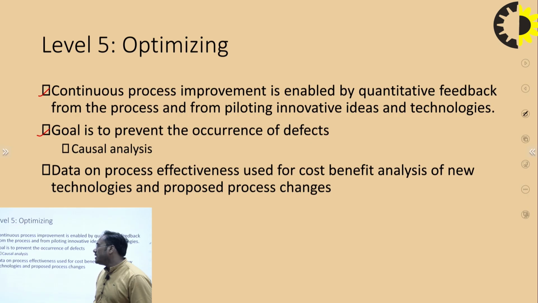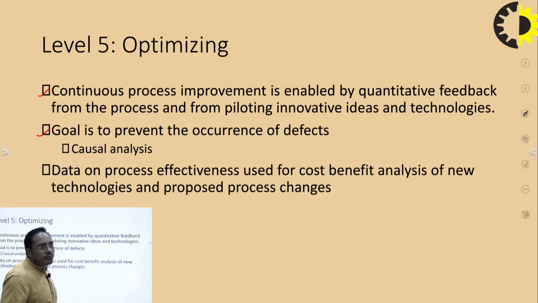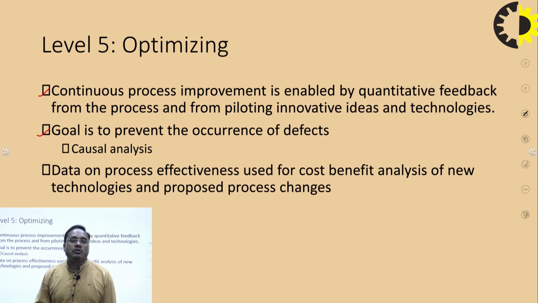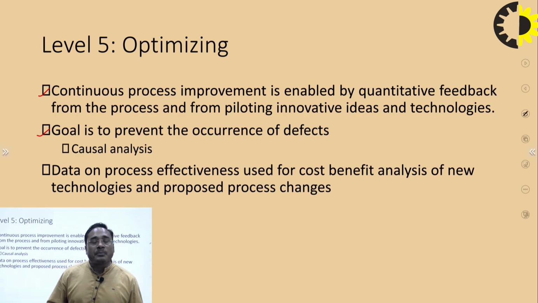And third is the data or process effectively used for the cost, benefits, and analysis of new technology and to proceed for changes. If you're going to change the software, your software is ready to update. If you're going to change the technology, your software is ready to update. So these are the parameters on which your software is ready to update, ready to change, ready to optimize, ready to adapt to the environment.